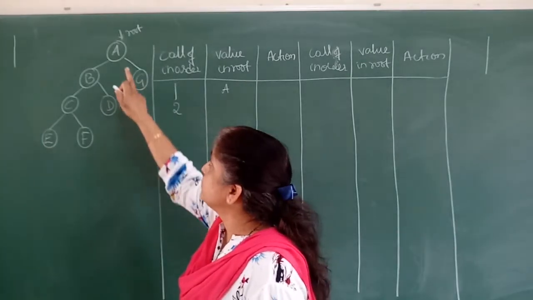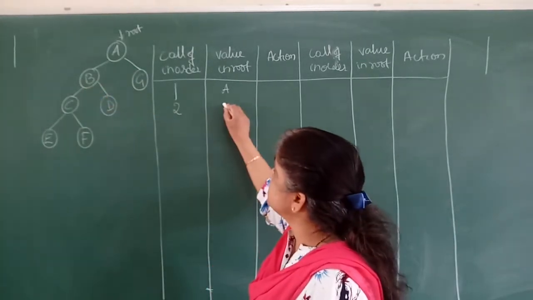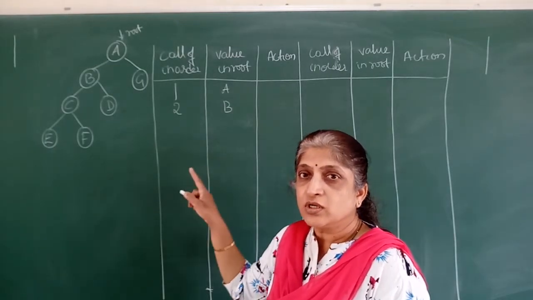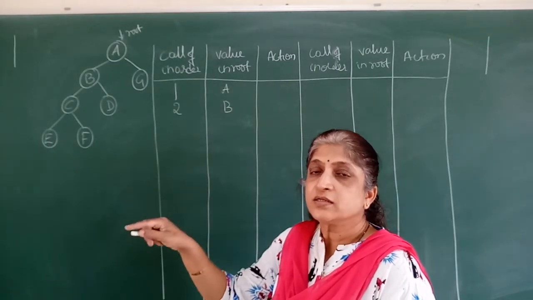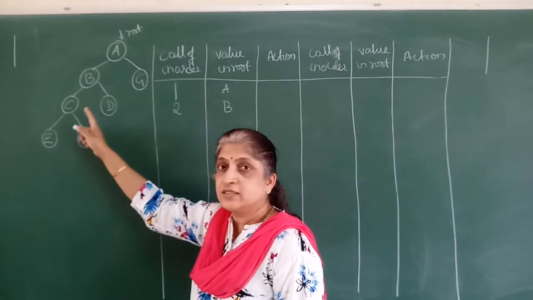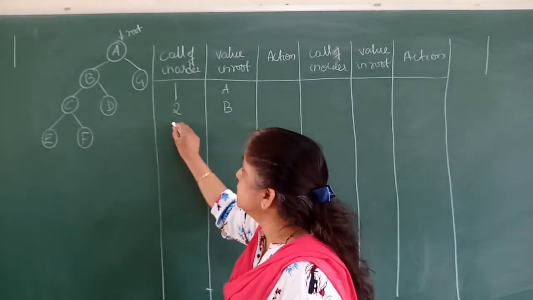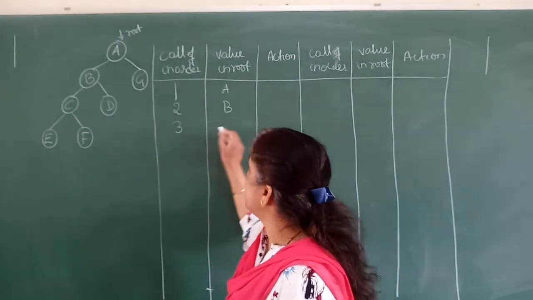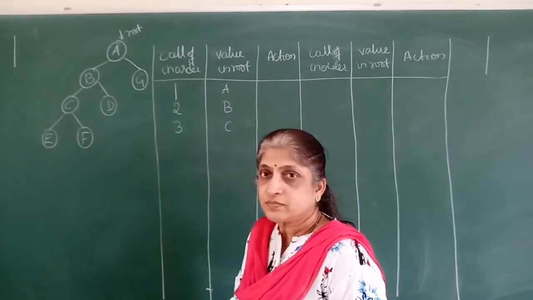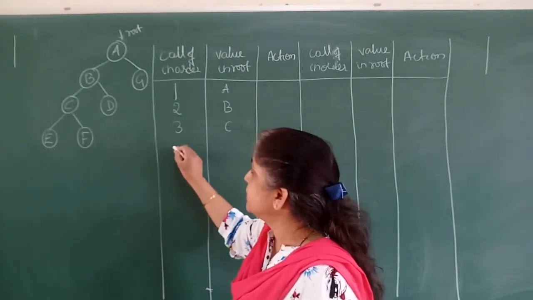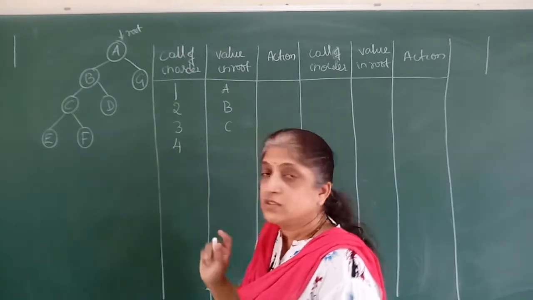In this call, the value in root is B. Again root is not equal to null, and control enters the if block. It calls in-order again with the left child. This is the third call, and root has the value C. Again it enters the if block and calls the in-order function again. This is the fourth call.